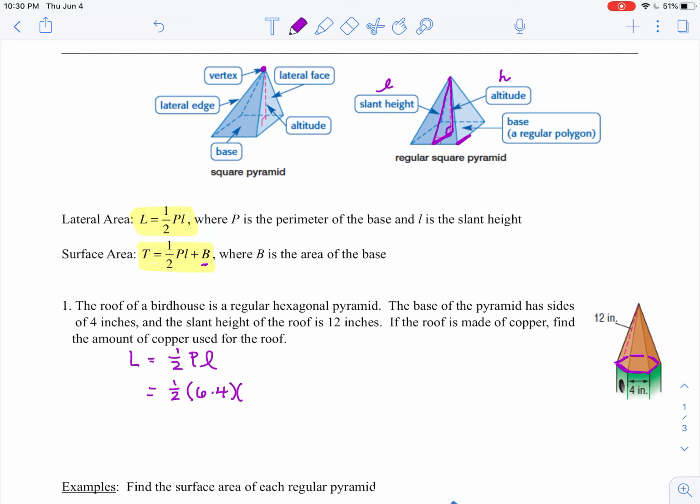And then the slant height is shown on the side here to be 12 inches. 1/2 times 6 times 4 times 12 gives us a lateral area of 144 square inches.